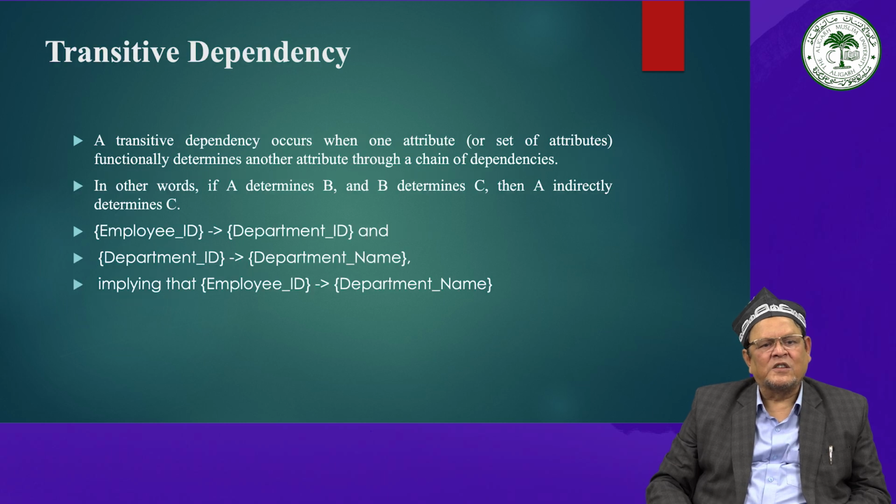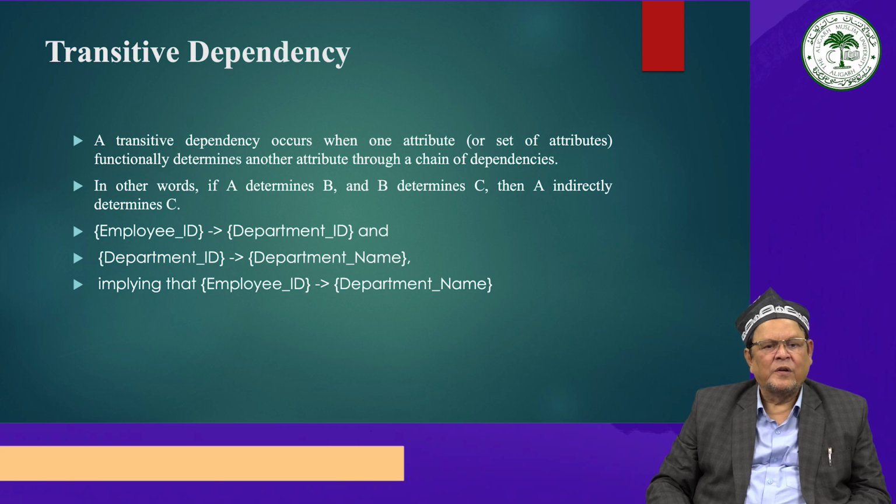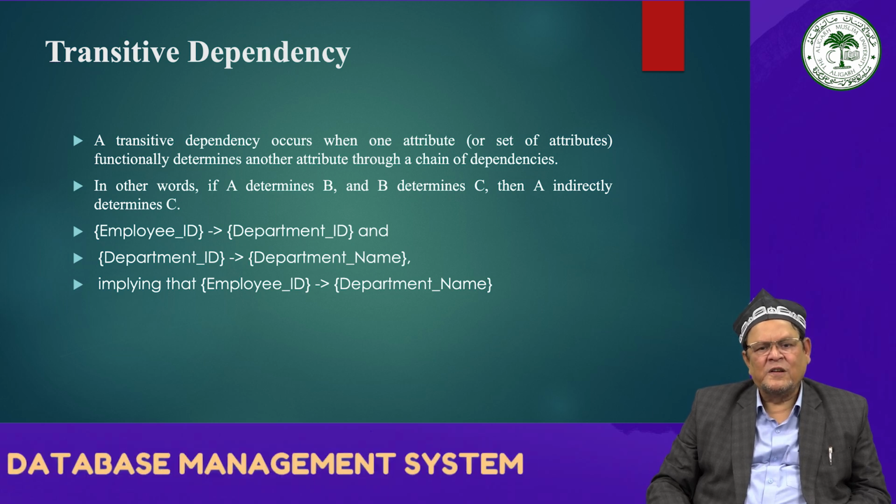The last is transitive dependency. A transitive dependency occurs when one attribute or set of attributes functionally determines another attribute through a chain of dependencies. In other words, if A determines B and B determines C, then A indirectly determines C. Transitive dependencies can lead to data redundancy and anomalies.